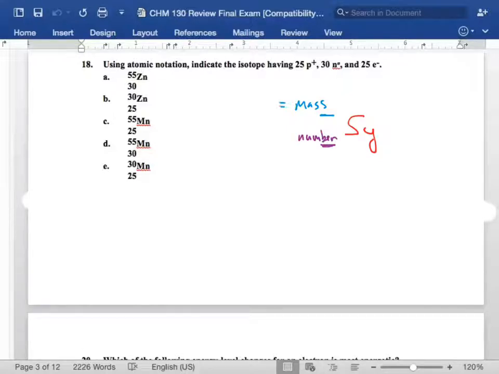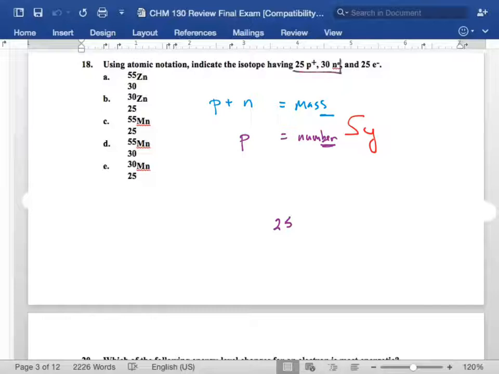What subatomic particles contribute to mass? Protons plus the neutrons. What things contribute to the atomic number? Just the protons. So if we go back to the question stated, I have 25 protons.